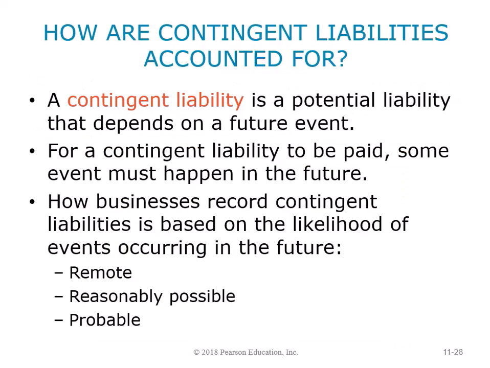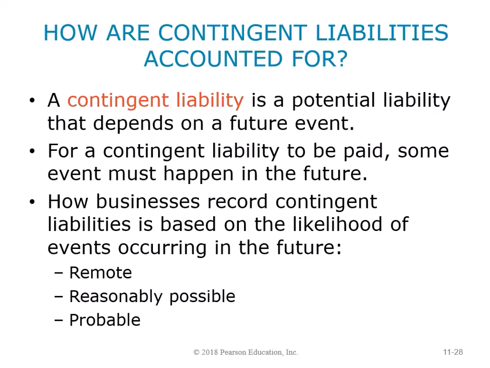Now we'll talk a minute about contingent liabilities. Contingencies occur when we have an existing liability based on something that happened in the past, and we may or may not have to pay this amount in the future, and we may or may not know exactly how much the liability is going to be. Some really common examples include things like litigation, lawsuits. That's the most common place where you're going to see contingent liabilities.